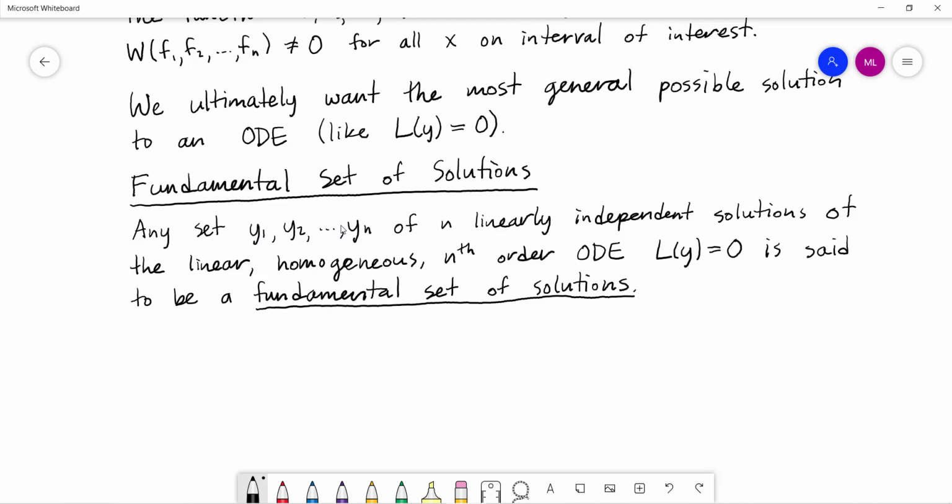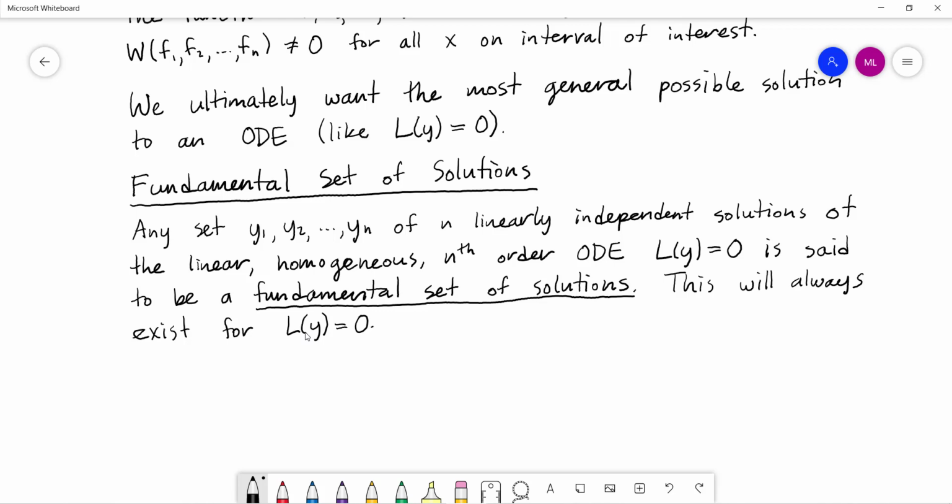If it's a fourth order, we need 4 individual linearly independent solutions to create our full set. And as long as our equation is linear, this will always exist. It'll always exist for our linear homogeneous differential equations of any order.